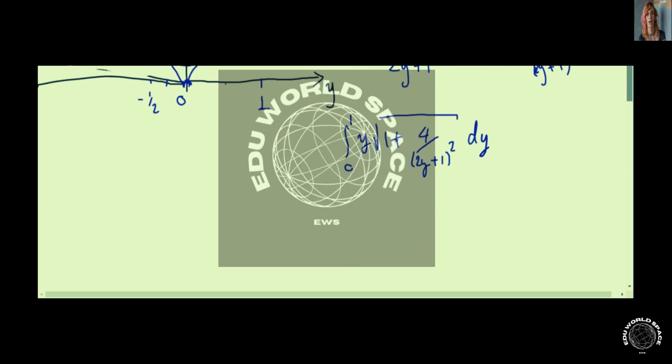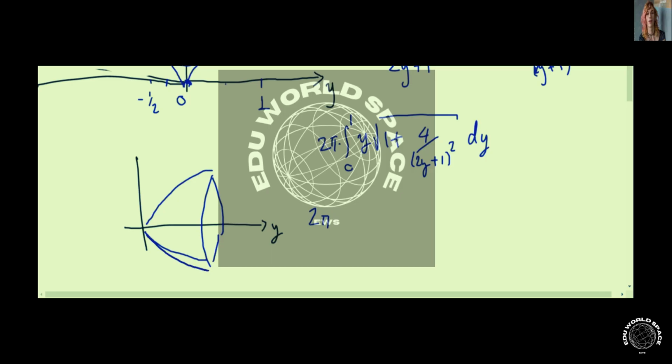And if we rotate about the y-axis, the only difference is that here we have f of y, and this is 2 pi times that. So rotating about y, we would obtain something like this curve, this shape, like a vessel.